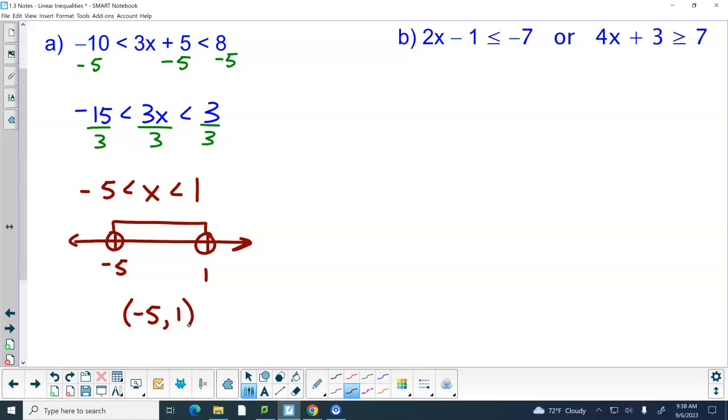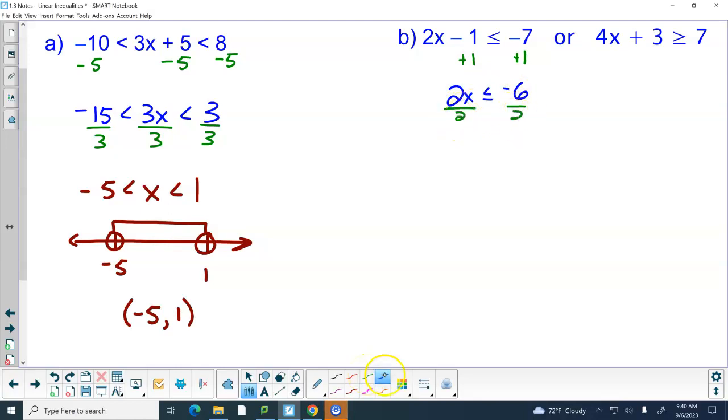You take the next 3 minutes, shouldn't take you much more than that, to just solve both of those inequalities in letter B. Solve both of those inequalities individually. Go. So first one, I would have added 1. That would have gotten me 2x is less than or equal to negative 6. Then I would have divided by 2.